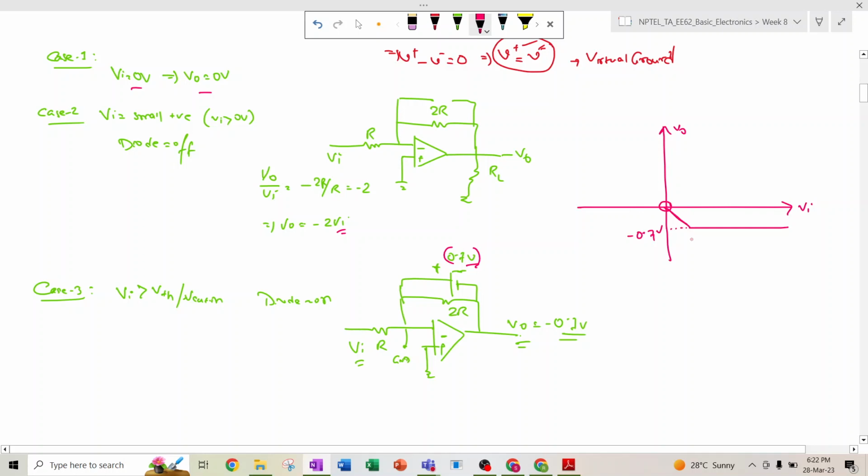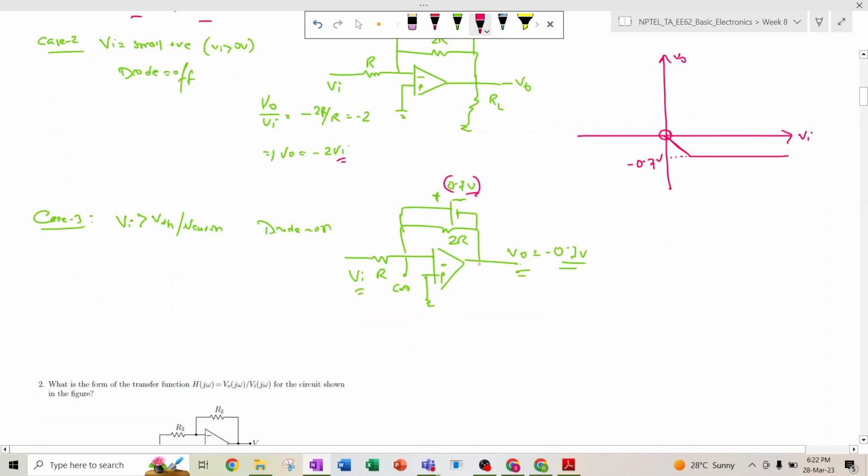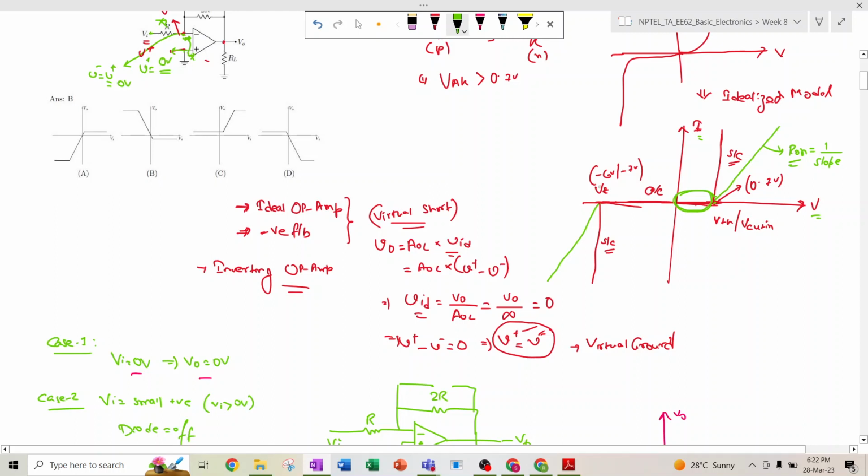Okay, and then case 4. So here this thing is case 1, this thing is case 2, and this thing is case 3.